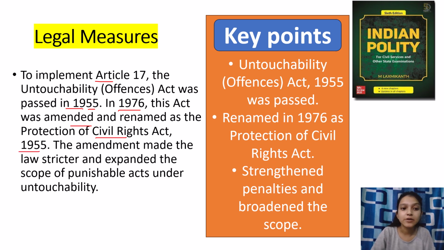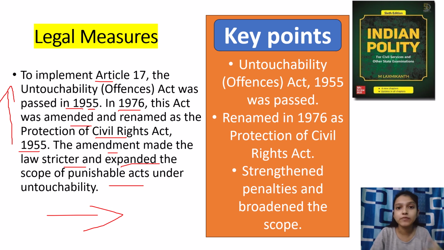The very first act was amended and given a new name, the Civil Rights Act. This amendment made the law stricter and expanded the scope of punishable acts under untouchability. So, what changes did this act make? The amendment made the law even stricter and expanded its scope.